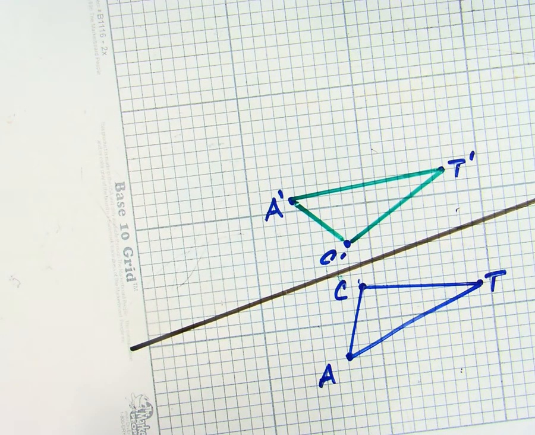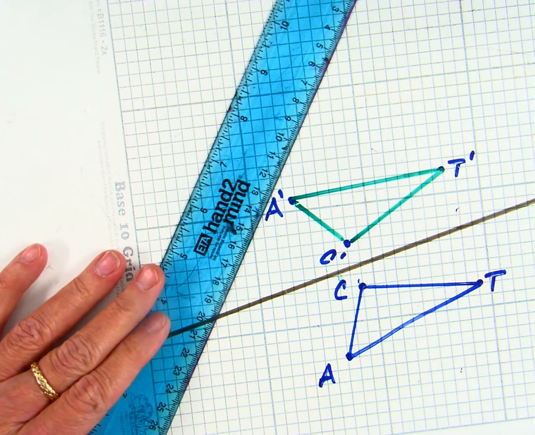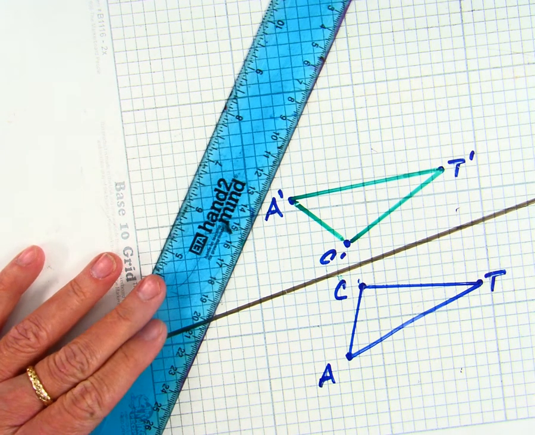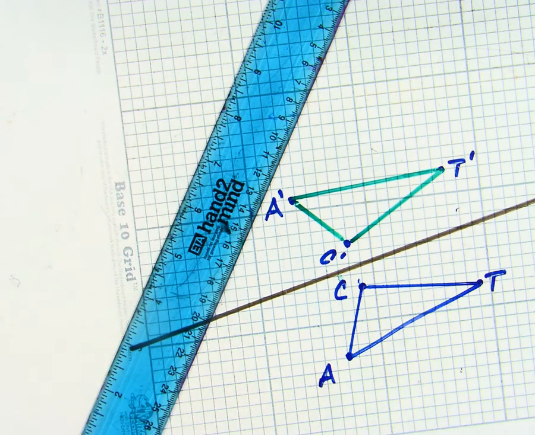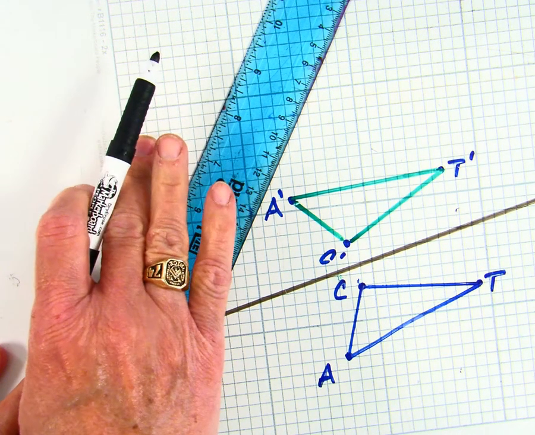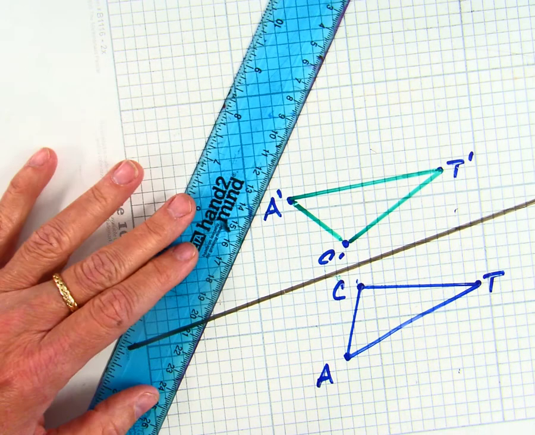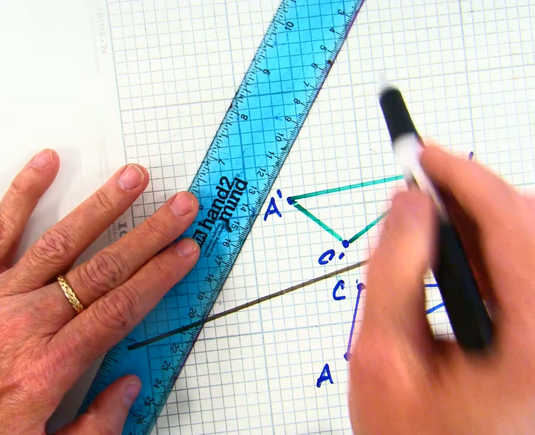Now we're going to reflect it again. We're going to need to do a third triangle. Just any angle here. When you draw yours, make sure there's room on whatever graph paper you're using to reflect it across, because now we're going to reflect across this intersecting line.